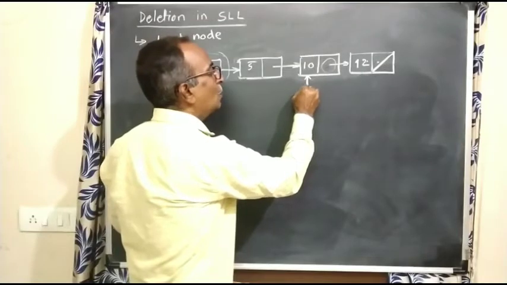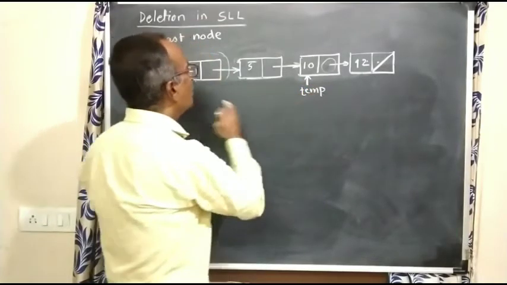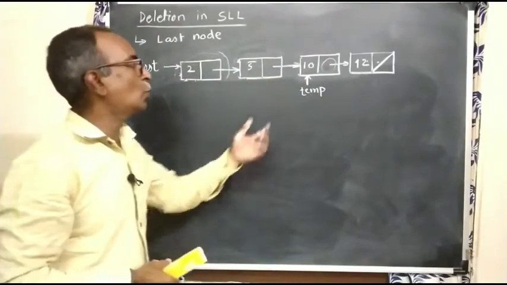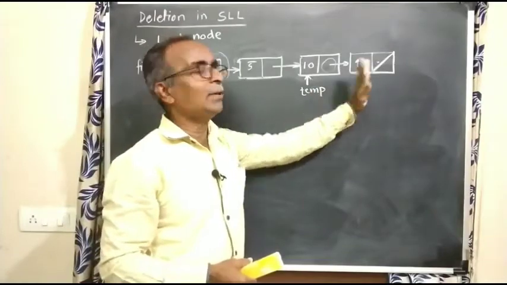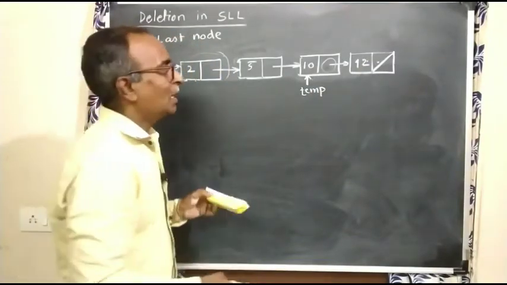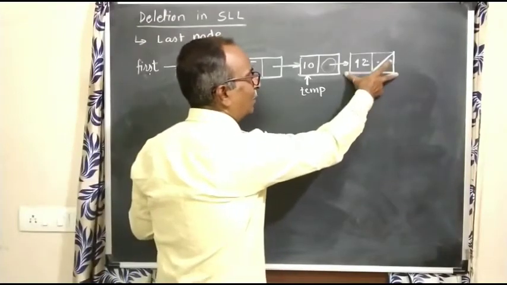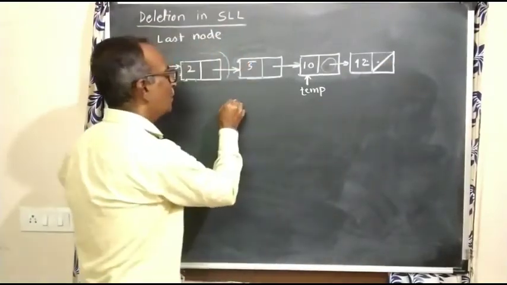I have to find out this predecessor. I'll take it as temp, suppose I am checking, and I have to stop somewhere here. Then only one pointer adjustment I have to do in this case. Now I'll free this memory first. What can I write here?